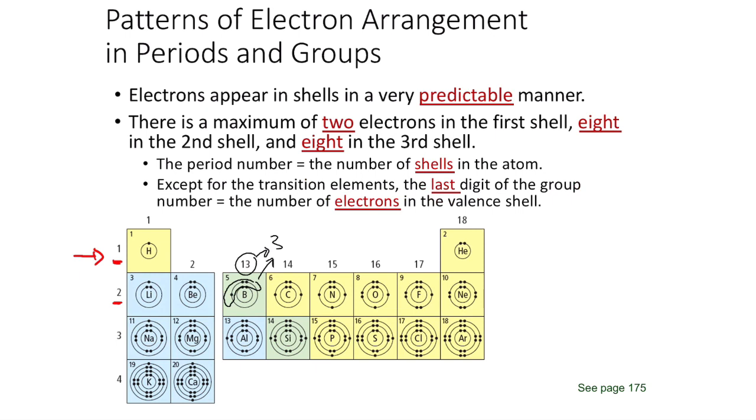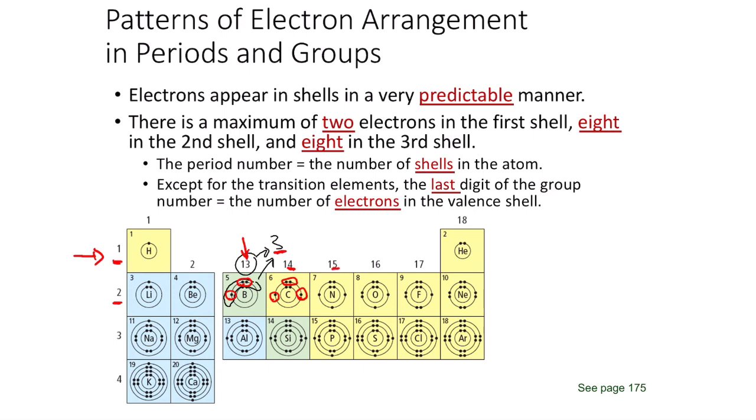Except for the transition elements, the last digit of the group number equals the number of electrons in the valence shell. So for example, when you're looking at something like 13, we look at the 3, and that's how many electrons are in the outer valence shell. If you look at boron here, it has 1, 2, 3 electrons. Same here with carbon, it has 1, 2, 3, 4 valence electrons, and so on.